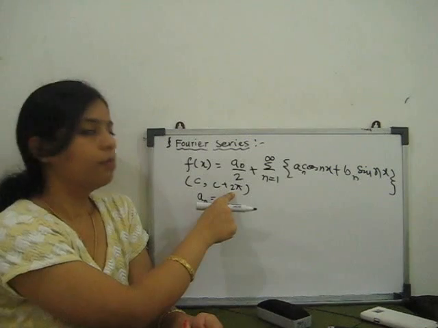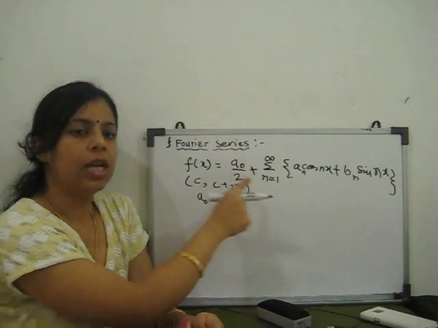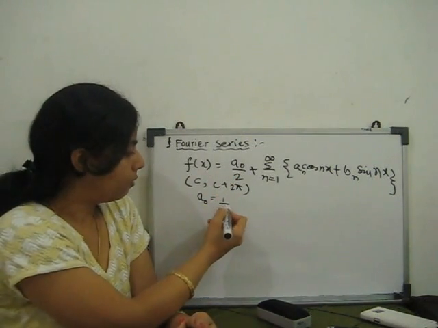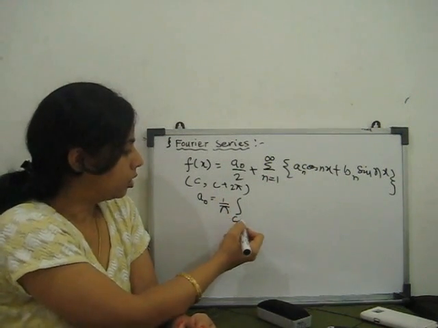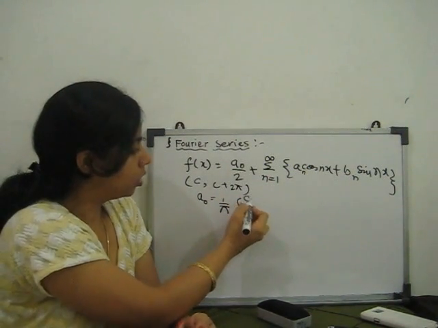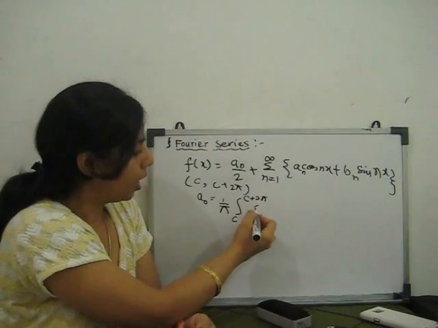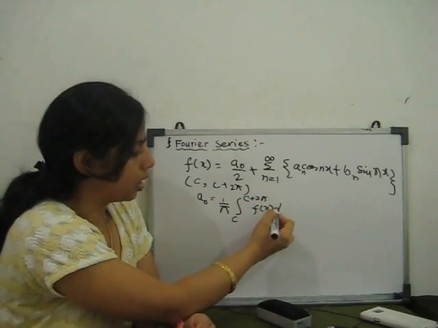So if we want to find out between c and c + 2 pi, then we can find a0 with the formula 1 upon pi, integral from c to c + 2 pi of f(x) dx.